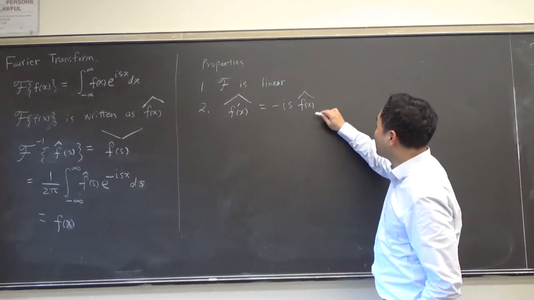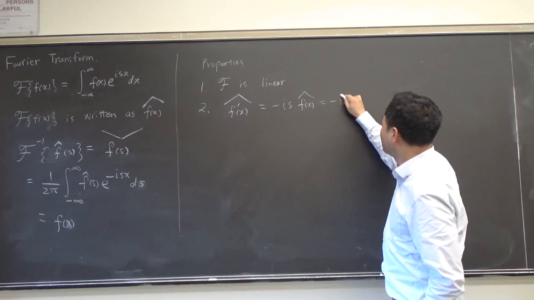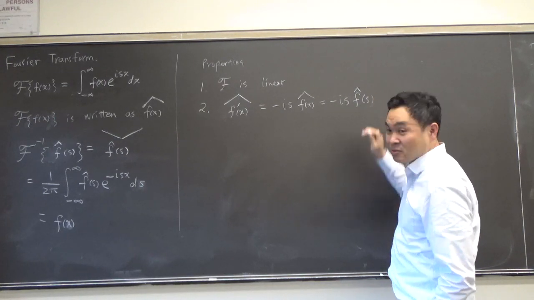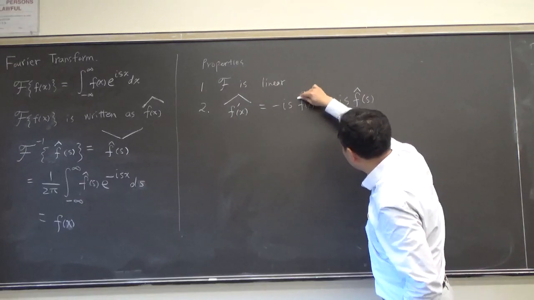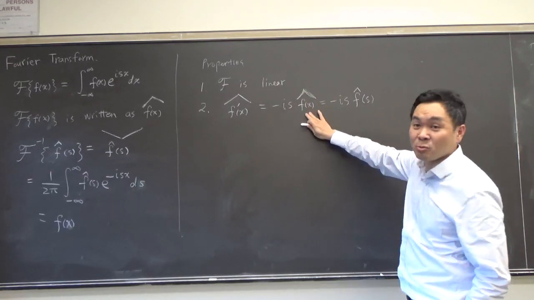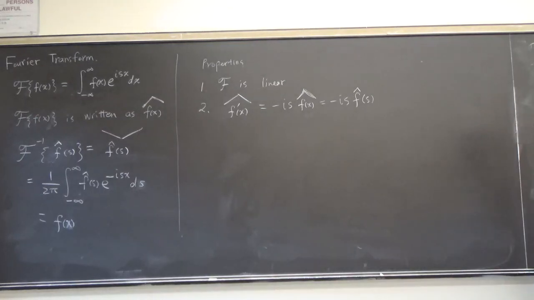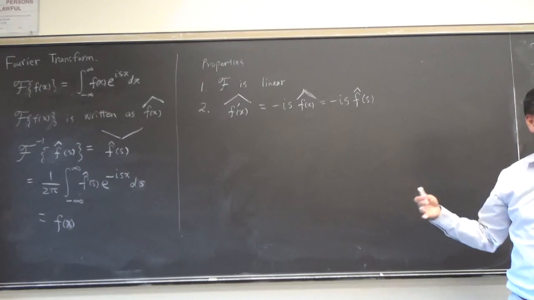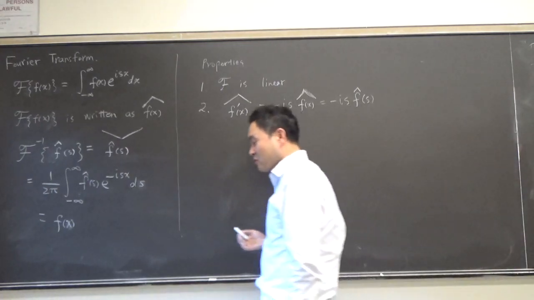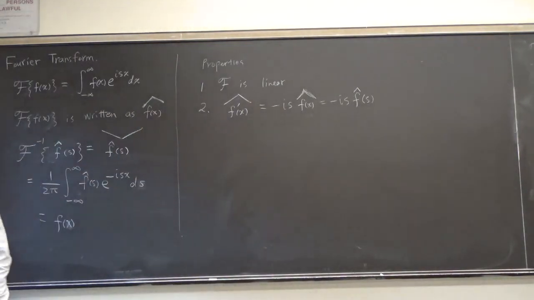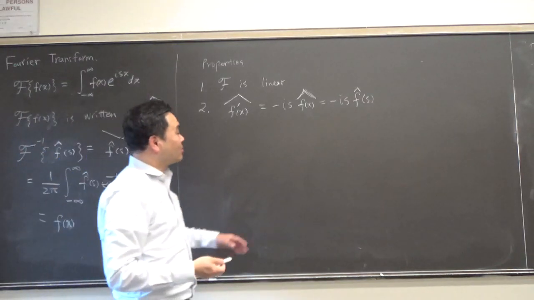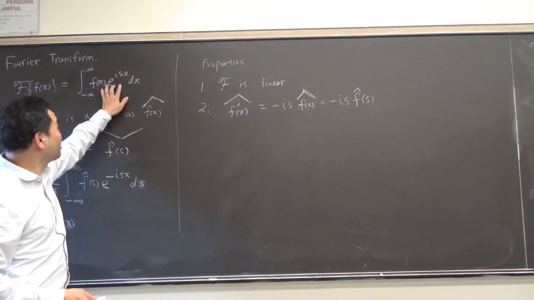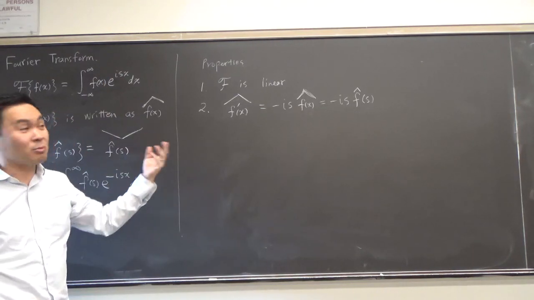And by the way, if you do a transform, it's a function of s, right? So I'm putting a hat over here, but the result will be a function of s. The proof is exactly the same as how I did it for Laplace transforms. The only difference is that at some point this part becomes differentiated, and when that gets differentiated, the i comes down, and then at some point a minus appears.